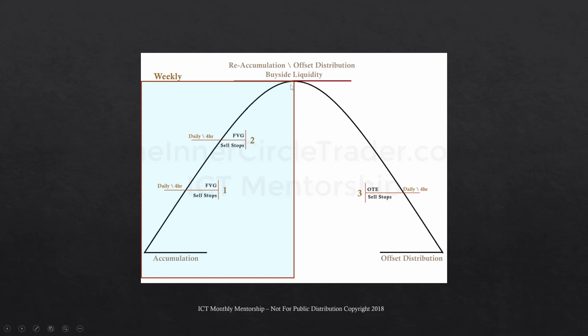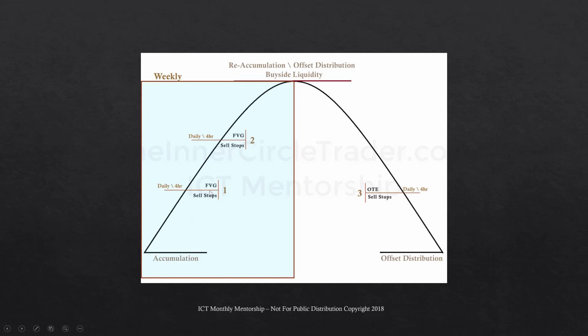This is what we frame the setup on, but it may change and evolve at a later time based on what scenario unfolds over here at stage 2 of reaccumulation. Just understand that there's a little bit of a gray area in there, and it's not to scare you, it's not to make it impossible. It's just based on what you see in price action.